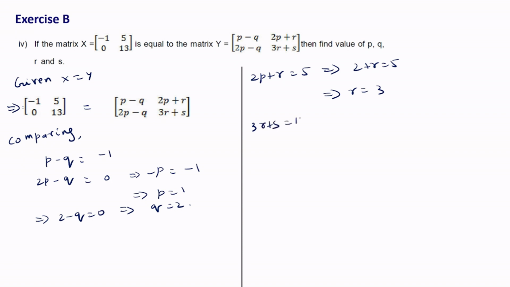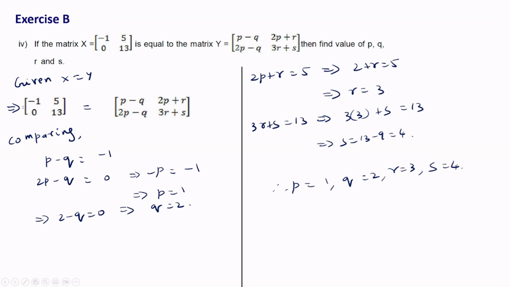We already got R as 3. So 3 into 3 plus S equal to 13. So S will be 13 minus 9, which is 4. Therefore, we get the values of P as 1, Q as 2, R as 3 and S as 4. So these are the values of P, Q, R and S.